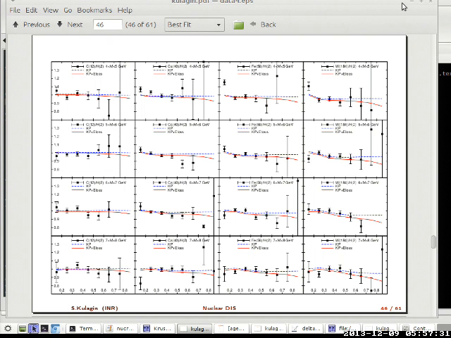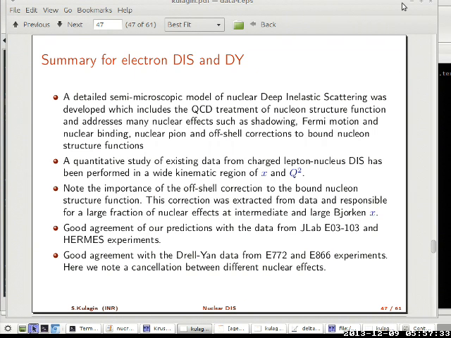So let me just summarize. We developed a semi-microscopic model for nuclear deep inelastic scattering that includes a few major nuclear corrections. Some of these corrections we calculate. Some of the other corrections are fixed from data.